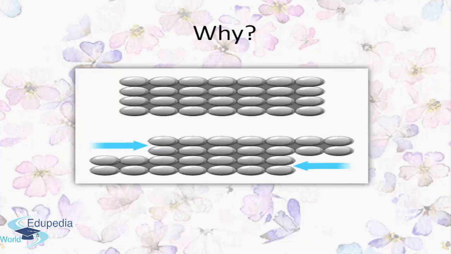In other words, compression stress forces atoms to roll over each other into new positions without breaking their metallic bonds. And when a large amount of stress is put on a malleable metal, the atoms roll over each other and permanently stay in their new positions.